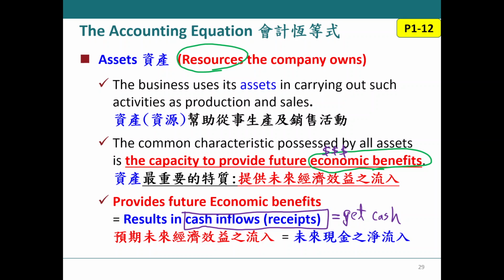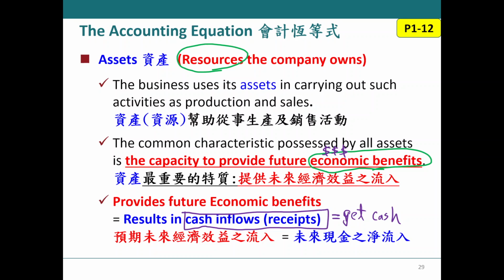For example, you use a computer to do the part-time job. Eventually, maybe next month, you will get some money, right? So that's your assets. Okay? Any questions so far? No?